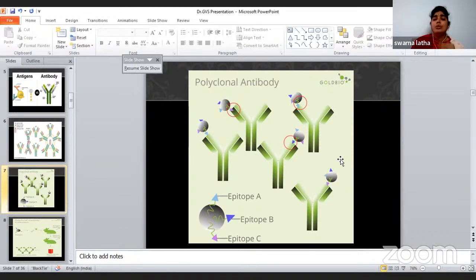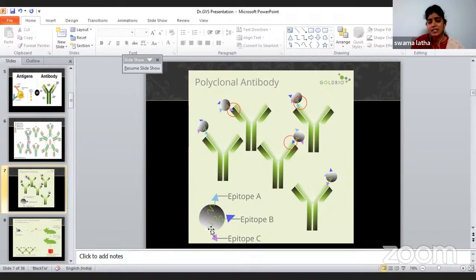Okay, so on recognizing a foreign antigen or a foreign substance, the B cells will be activated and they will produce different types of antibodies. Several B cells can produce different types of antibodies, and those antibodies can bind different epitopes on the same antigen.